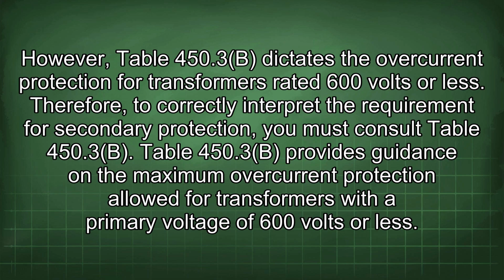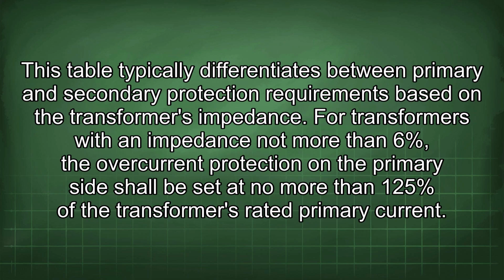Table 450.3(B) provides guidance on the maximum overcurrent protection allowed for transformers with a primary voltage of 600 volts or less. This table typically differentiates between primary and secondary protection requirements based on the transformer's impedance. For transformers with an impedance not more than 6%, the overcurrent protection on the primary side shall be set at no more than 125% of the transformer's rated primary current.